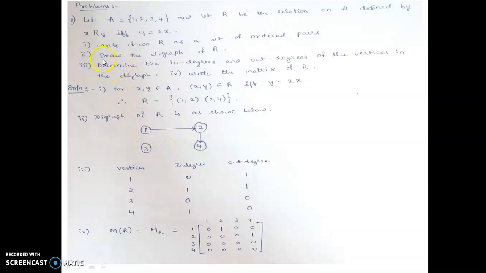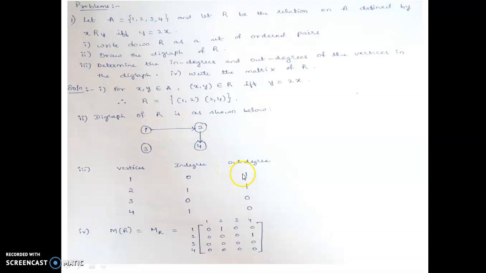And we need to draw the in degrees and out degrees in this, and write the matrix of the relation. So we have vertices 1, 2, 3, 4. For vertex 1, we don't have any edge coming towards 1, so the in degree is 0. The out degree is 1, because one edge goes from 1 to 2.